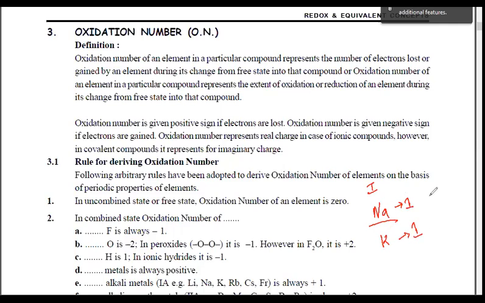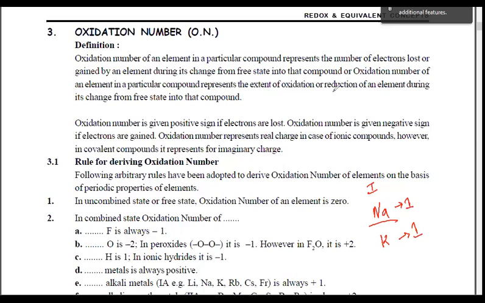So it is a fact that the elements of group 1 will lose 1 electron, so the oxidation number is +1, always. Agree? Yes or no?